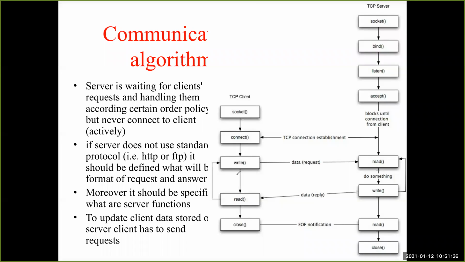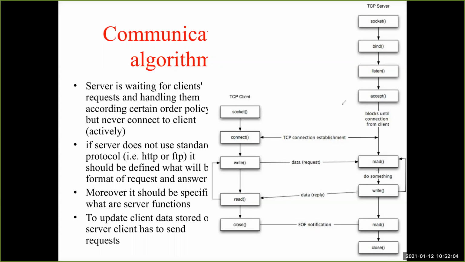When a client connects to the server, it can write and read data. But look, the first action is always write. It has to send a request to get a response. So in client-server architecture, the server is a passive side.